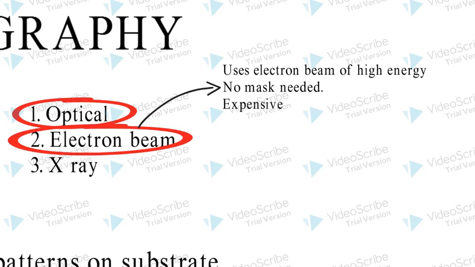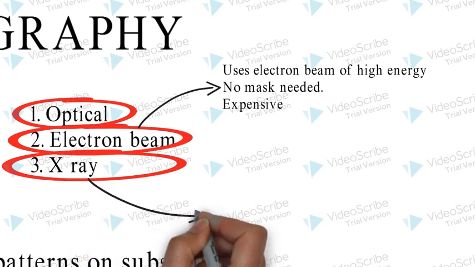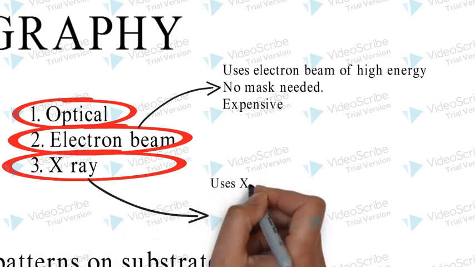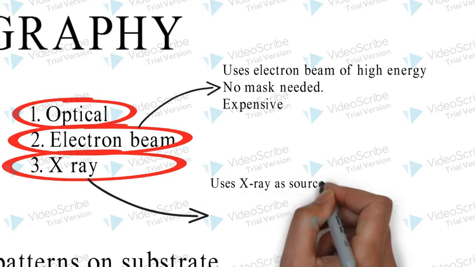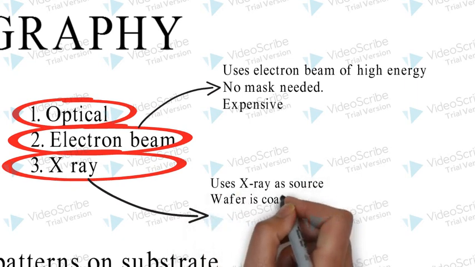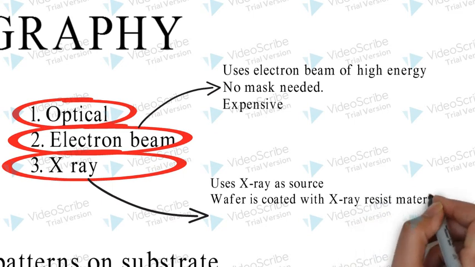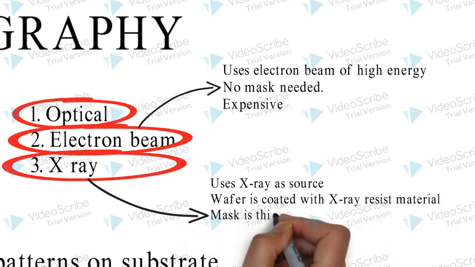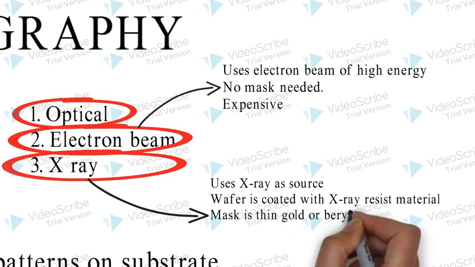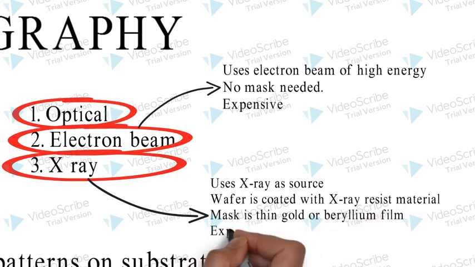For X-ray, we use X-rays of 0.4 to 4 nanometer wavelength range. It can get more depth compared to optical lithography. The wafer is coated with X-ray resist material and a mask of gold or beryllium film is used. This is also expensive compared to optical lithography.